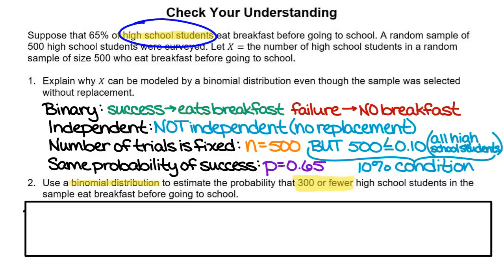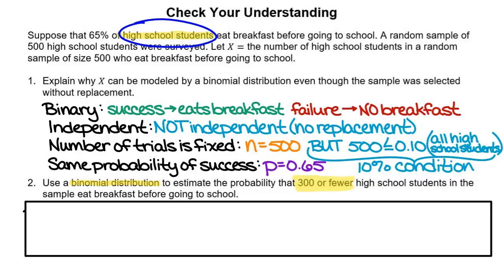Technically speaking, does it stay exactly 65% each time? No, because we're sampling without replacement. But it's so close. When we're talking about all the high school students, my probability of success is going to stay approximately the same, like we saw happen in that Skittles example where I had 10,000 Skittles.